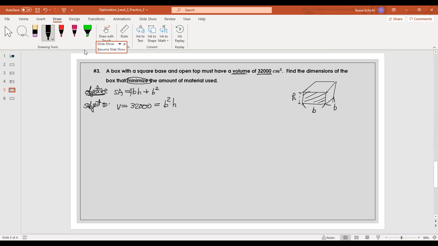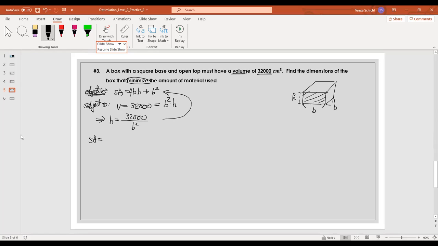Now this is back to what we had before. We need to replace one variable with a function of the other variable. Maybe h is easier because I don't want to take square roots. So h is 32,000 over b squared. Then you substitute back into your objective function.